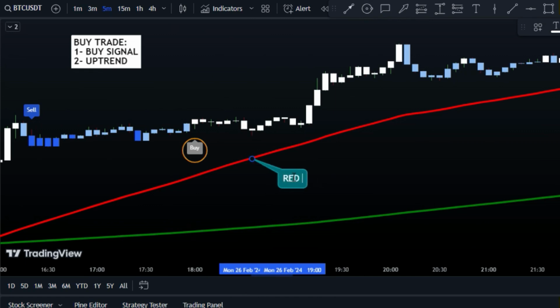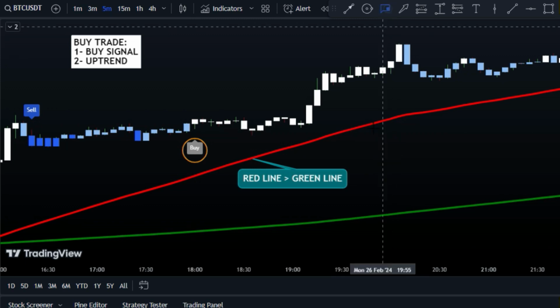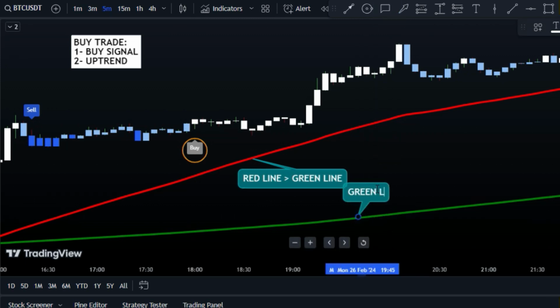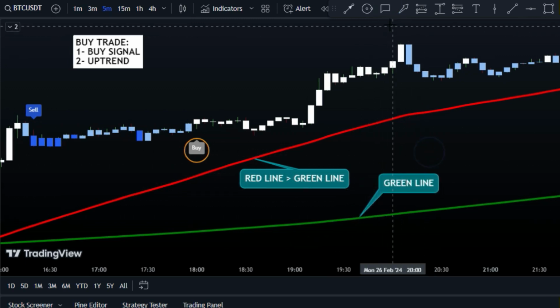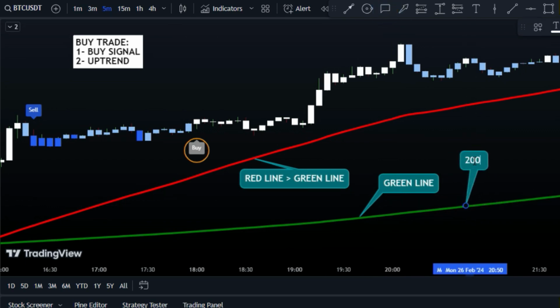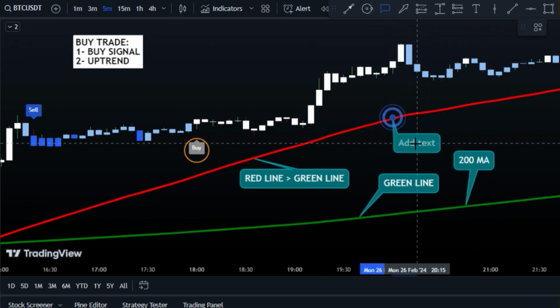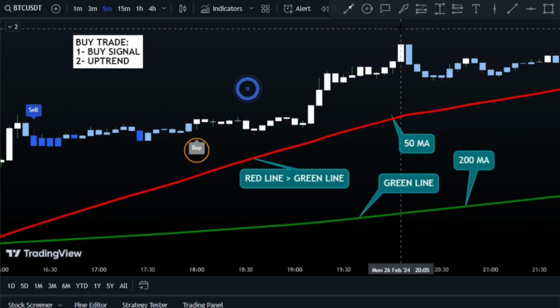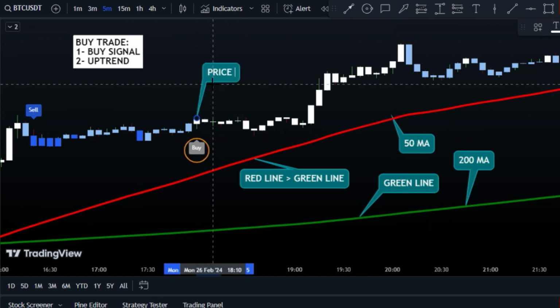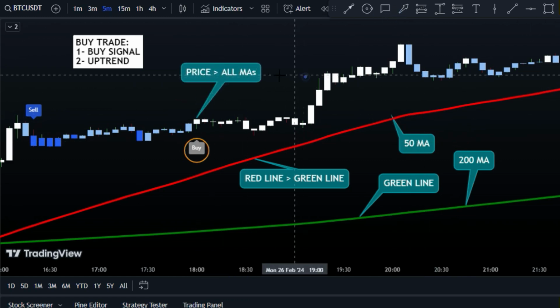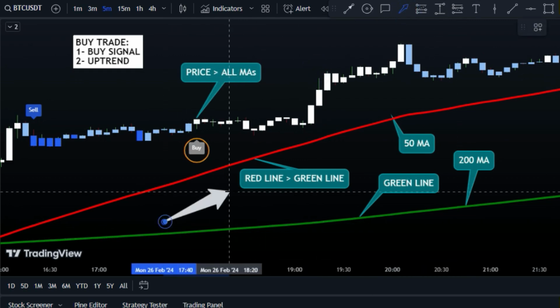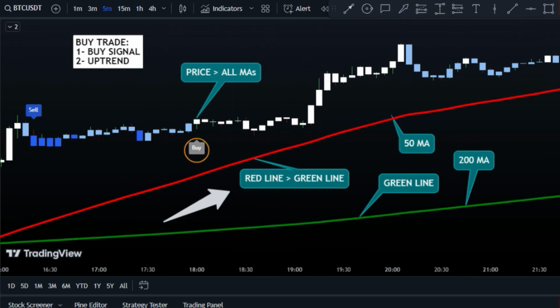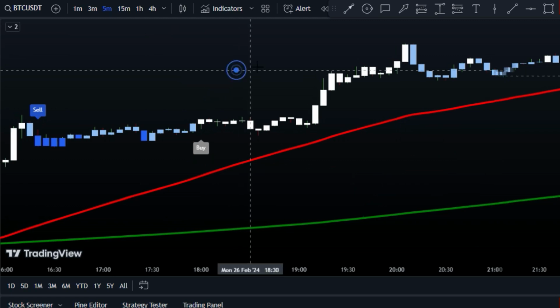This indicator must also point to an upward trend, giving us the green light to proceed with the trade. Next, if both these conditions are fulfilled, you can enter the buy trade.